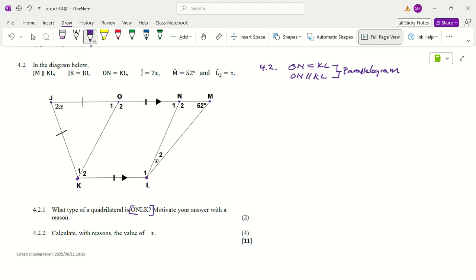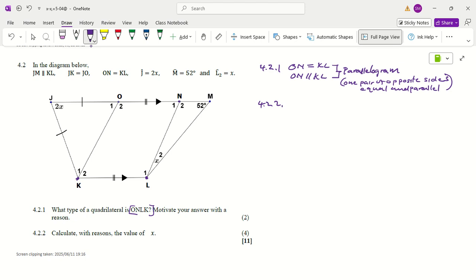Why the parallelogram? Because we have one pair of opposite sides being equal and parallel. This is for 4.2.1. Then now we go to 4.2.2.